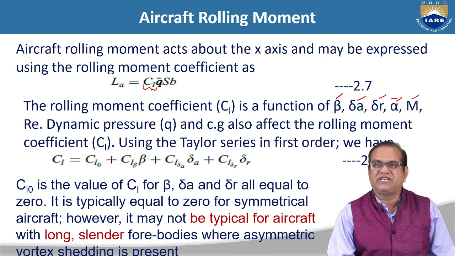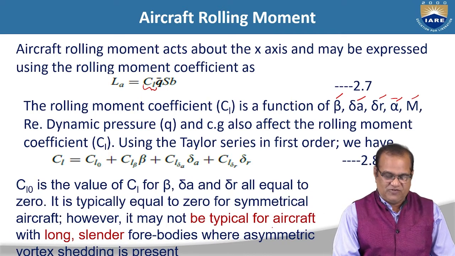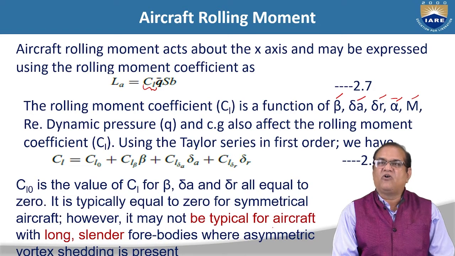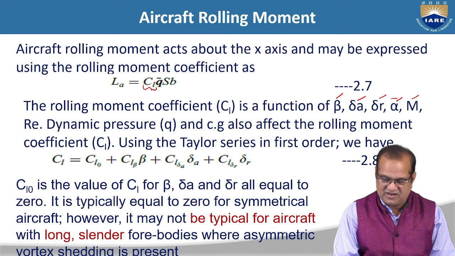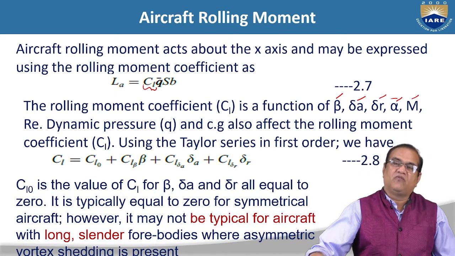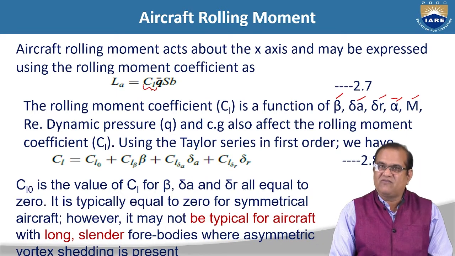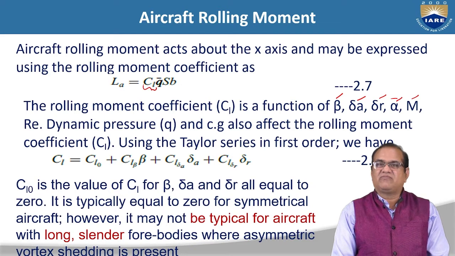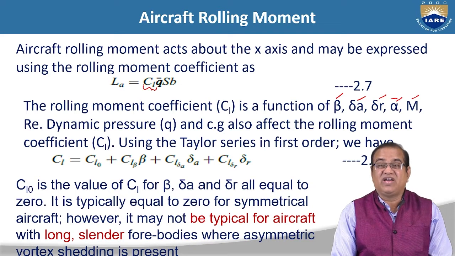However, it may not be 0 for aircraft with a long, slender forebody where asymmetric vortex shedding is present. So if your wing is symmetrical, C_L0 will be 0, but if the aircraft is very long and the fuselage is very slender, then it may not be 0.